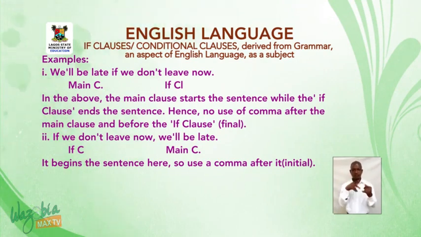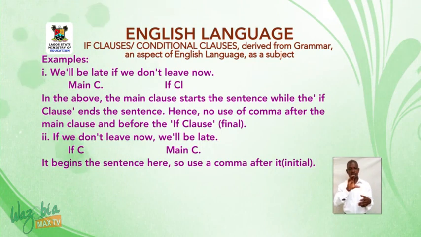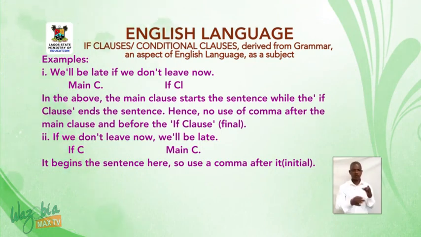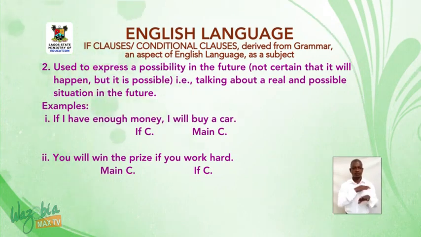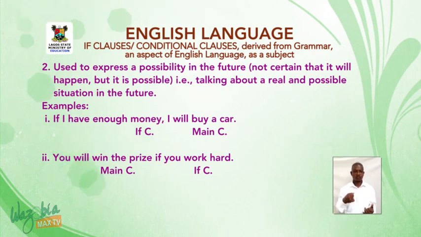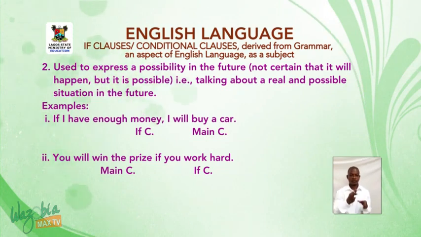Hence, no use of a comma after the main clause and before the if clause. 2. If we don't leave now, we'll be late. Here, the if clause begins the sentence, so use a comma after it.